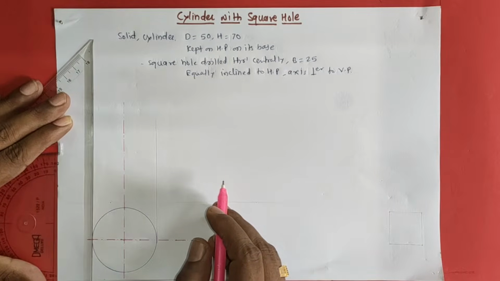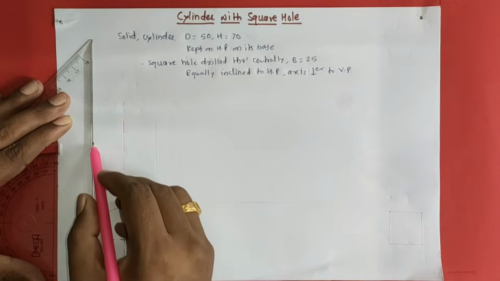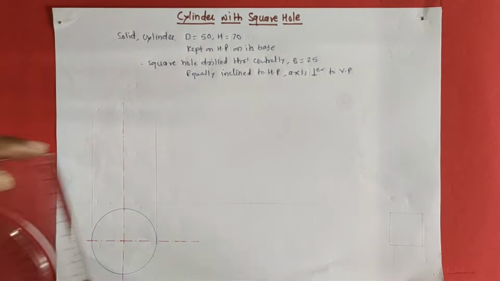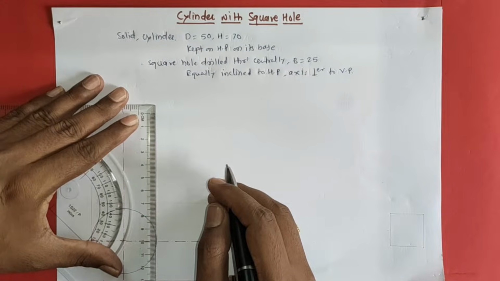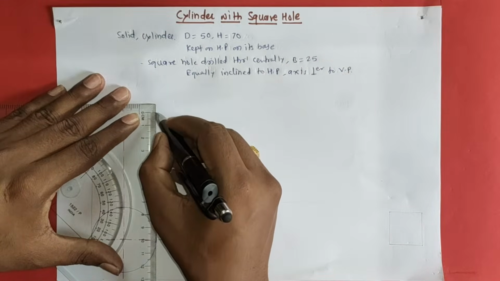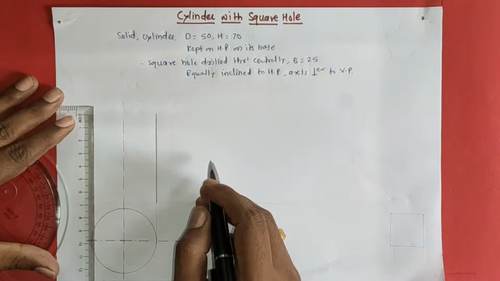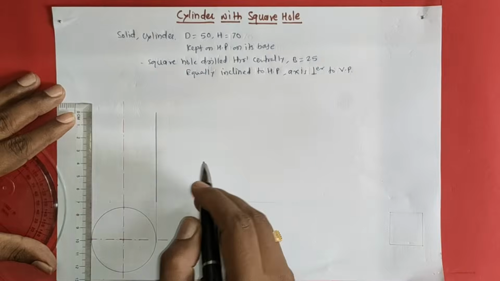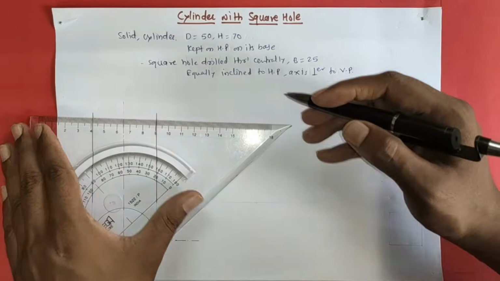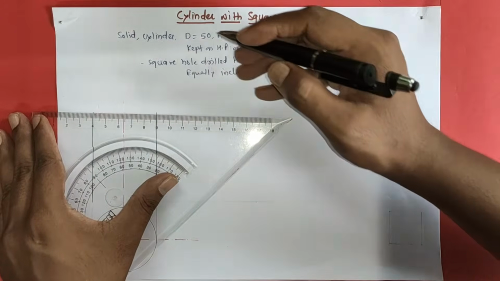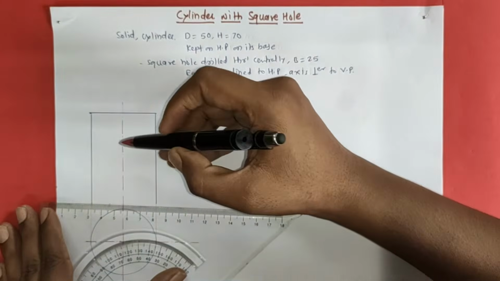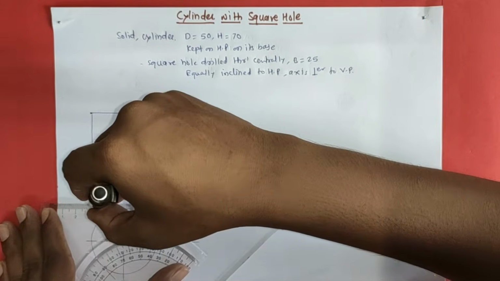Similarly, I will take a parallel line on this side. Now the height is 70 mm, so to this projection I will mark 70 mm. So you will get the outer line here and 70 mm here. Join these lines and complete the front view. I am going to join these lines and this base.